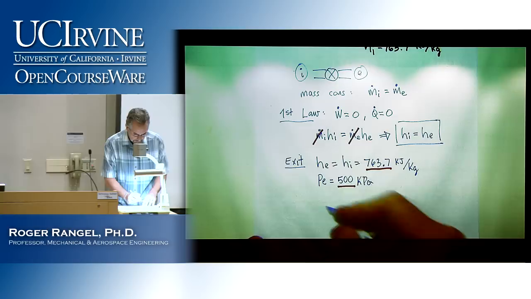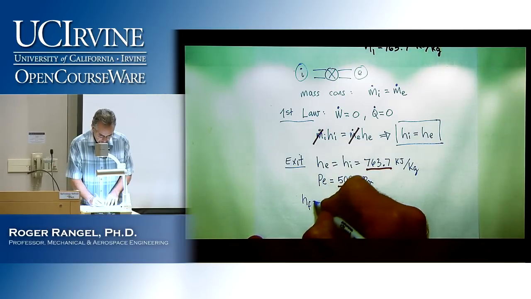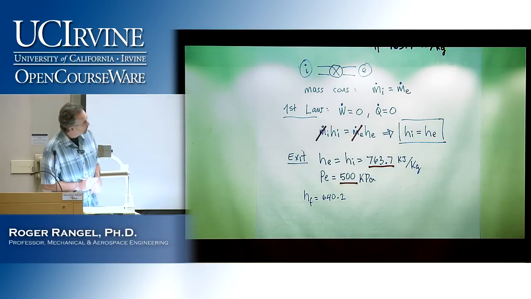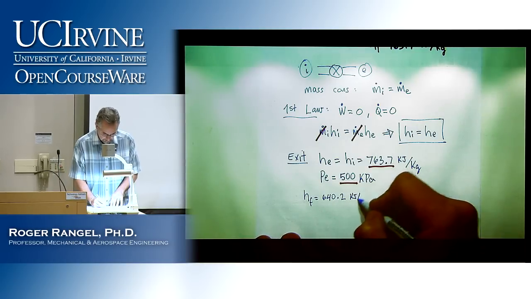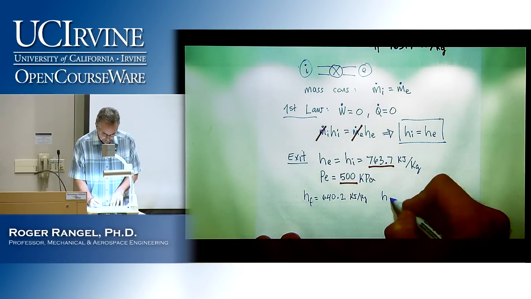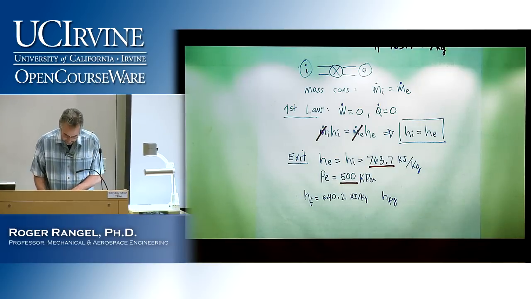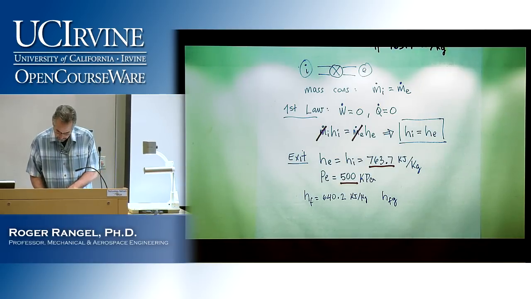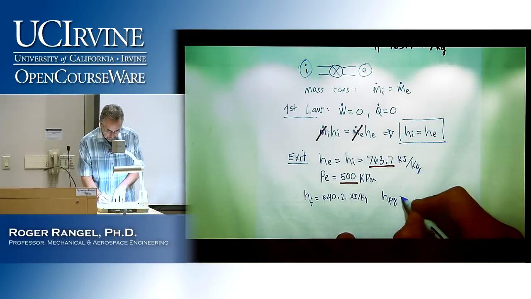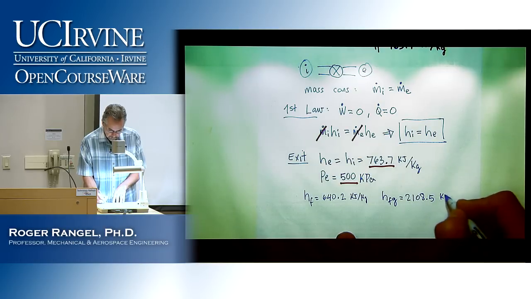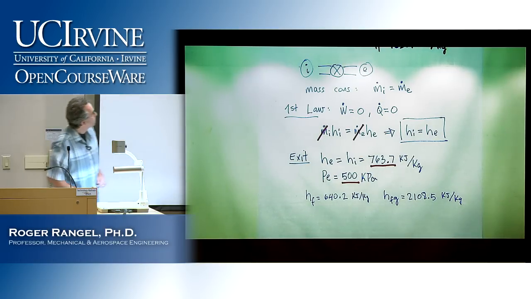So I know that HF is 640.2 kilojoules per kilogram, and I will also take HFG, and HFG is 2108.5 kilojoules per kilogram.